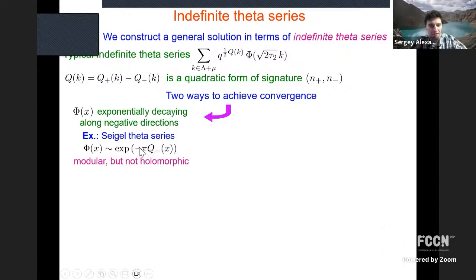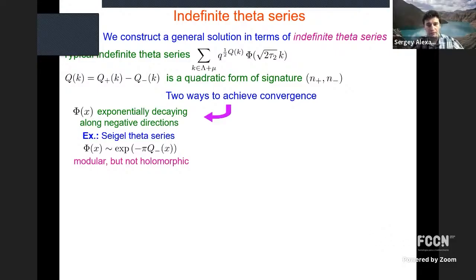This way is good in the sense that it produces something modular, so you get a modular theta series. It's called the Siegel theta series. But the problem is that it's non-holomorphic. You don't see tau here, but actually there is tau in the kernel too. When you substitute for x here, you get the exponential of minus 2 pi tau 2 q minus. And tau 2 is the imaginary part of tau, so you get something non-holomorphic, and you may not like it.